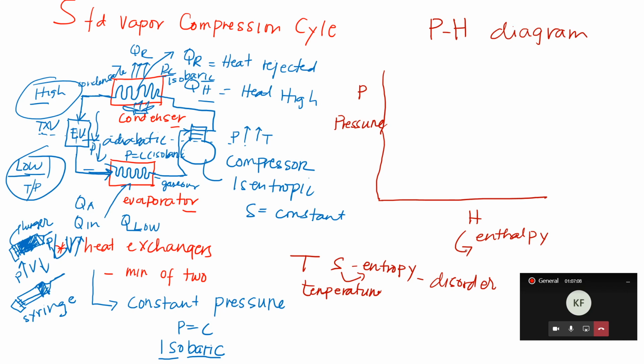Now, would you know what is the form of this pH diagram in a refrigeration system? The form is kind of like a dome. You know what a dome is? It is not perfect, but at least it represents.